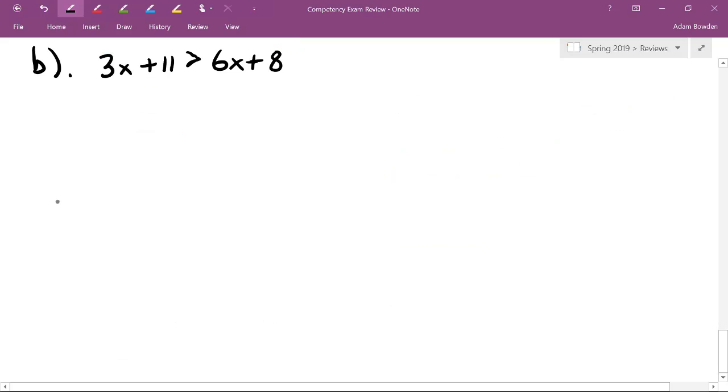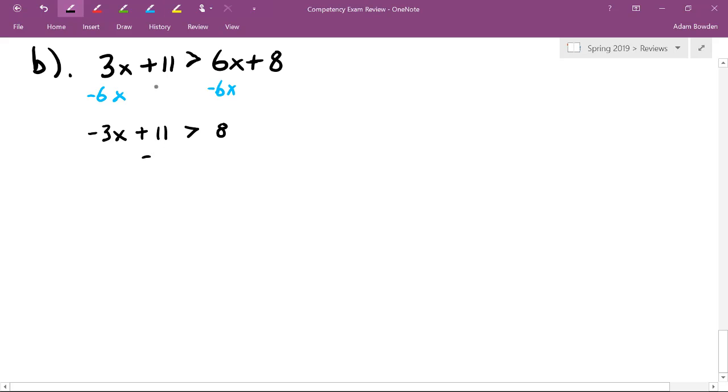Let's look at another example. This one's going to use a greater than: 3x plus 11 greater than 6x plus 8. The first thing I'm going to do, like before, is isolate the x on one side. So I'm going to start by subtracting 6x from both sides. That gives me negative 3x plus 11 greater than 8.